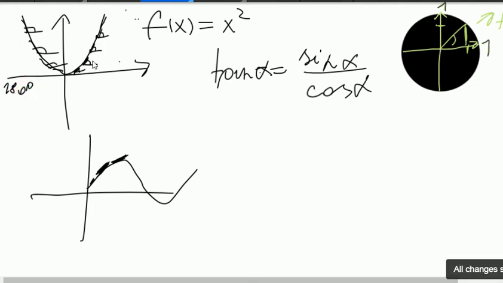So it's again sine by cosine, but from here, and it's negative because sine is positive but cosine is negative. So when the function is decreasing, the derivative, the tangent of the angle of the tangent line at a point on the interval where the function is decreasing, will be negative, because the angle is from 90 to 180 degrees.